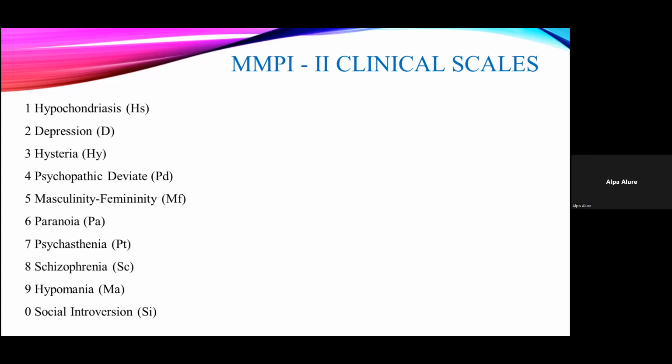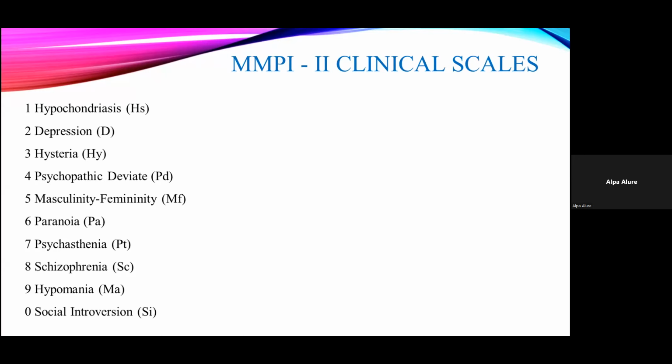On the MMPI, there are the various clinical scales. One is hypochondriasis. Hypochondriasis basically tells us where the individual has a lot of somatic complaints or physical complaints. Depression is where there is depressed mood, hysteria, psychopathic deviate, which is basically antisocial traits that an individual might have.